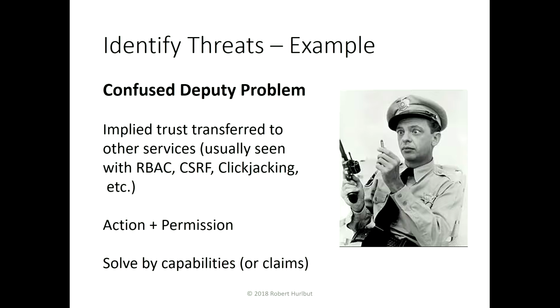So what happens is that somebody could call B, anybody could call B to call C, and pass it on. So in this case, B becomes the deputy. I don't know. Whoever calls me, I'll call C. Doesn't matter. I'll never check. And so that's a potential problem that I see in microservices. And so how do you deal with that is really by capabilities, claims, verifying the access control.